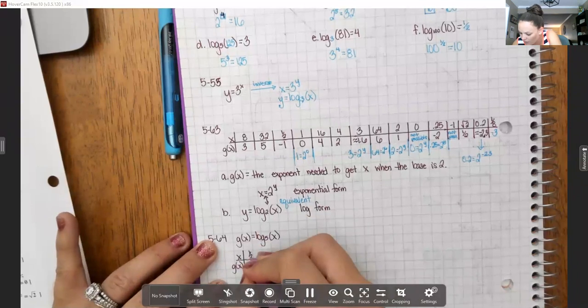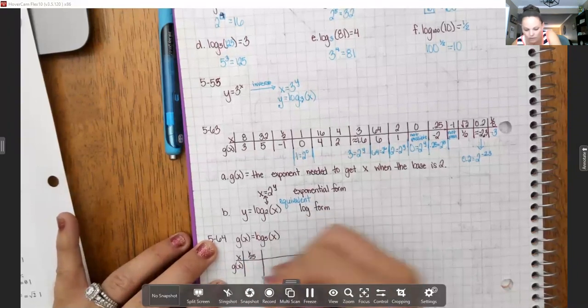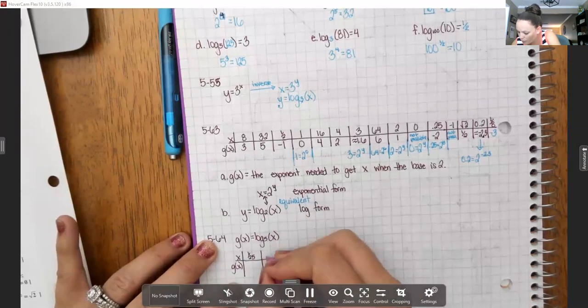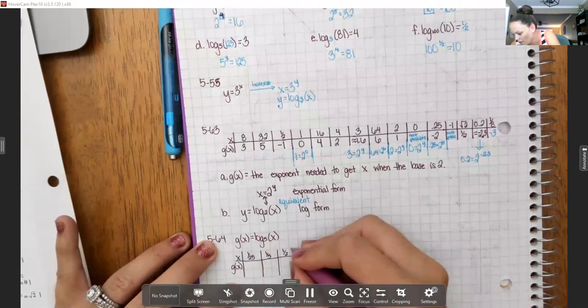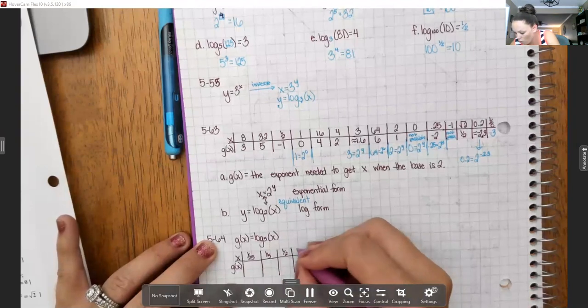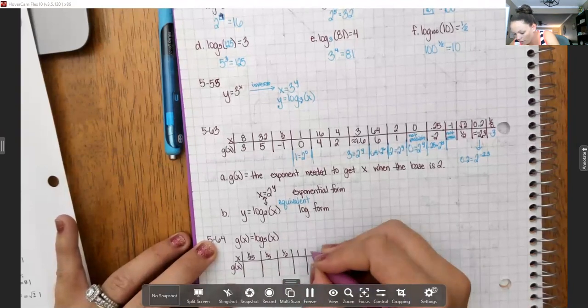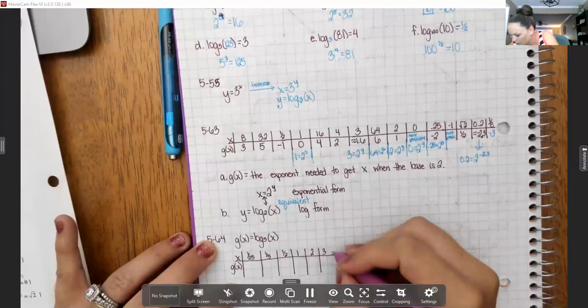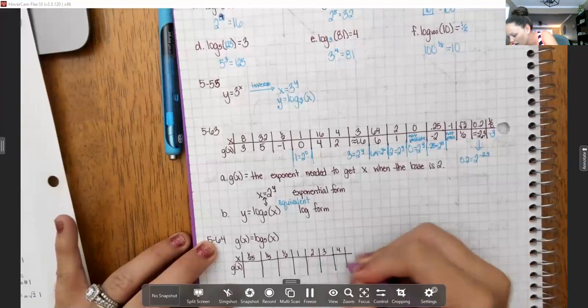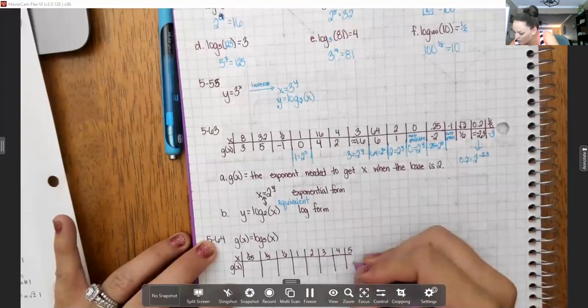So 1/25, let's see. I'll just do the first few. 1/5, 1/2, 1, 2, 3, 4, 5. I guess I'm ending up doing most of it, that's okay. And then they give us 5 as 1.